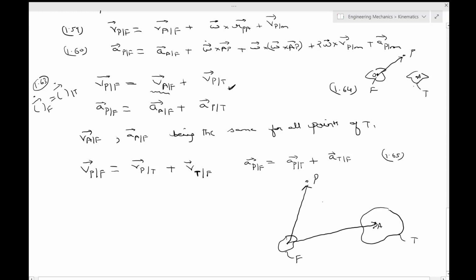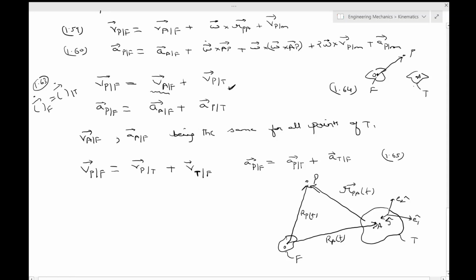Okay, so this is say R PA at time t, E1 hat, E2 hat, E3 hat. And this particular vector, this is O clearly, so this is RA of t. Okay, and this is RP of t.